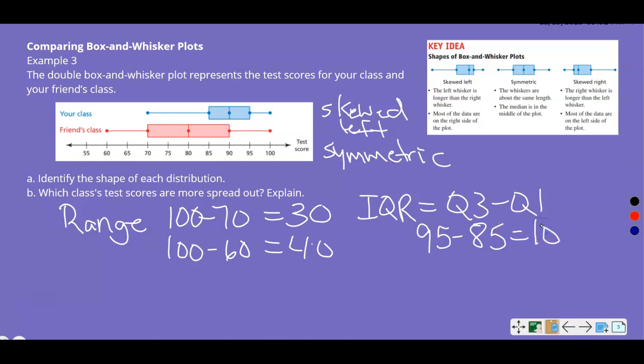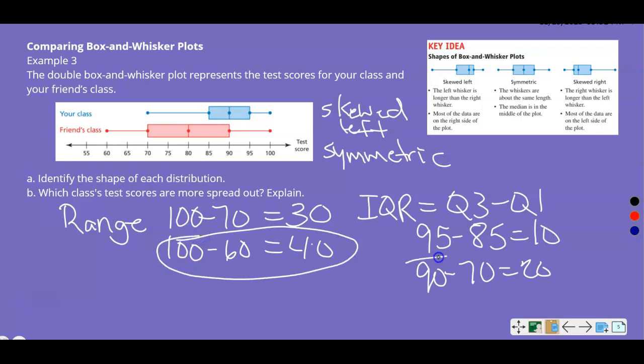And for your friend's class, Q3 minus Q1 would be 90 minus 70, and 90 minus 70 is 20. So you can see that both the range and the interquartile range for your friend's class are bigger. So it should be obvious that your friend's class is more spread out, and that's how you would explain that.